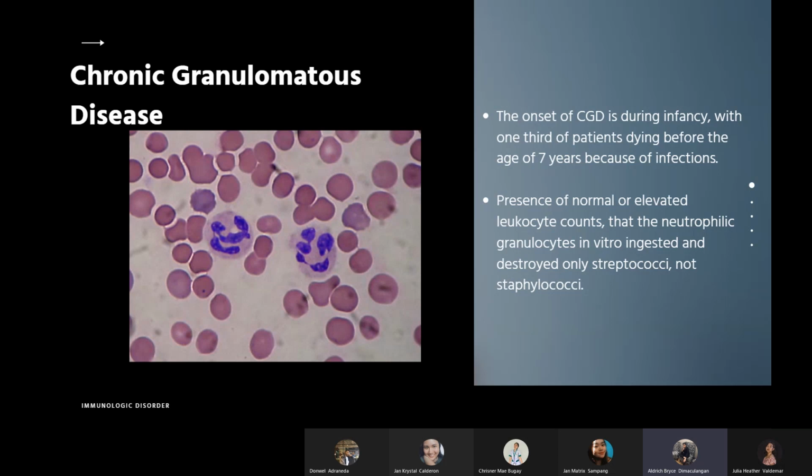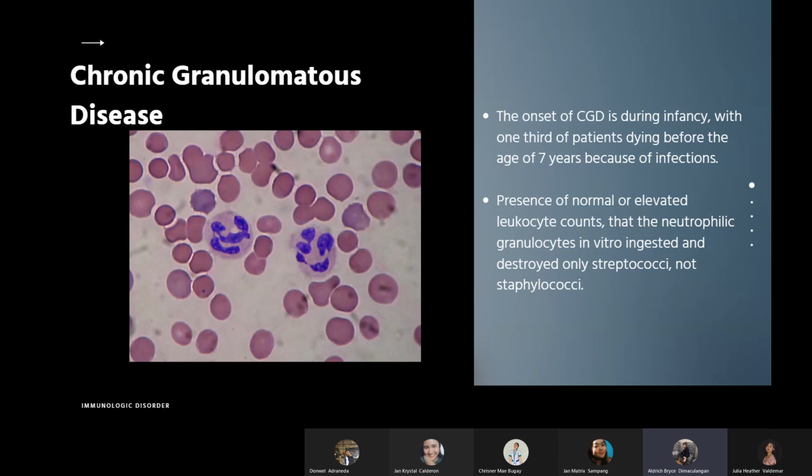Pagdating naman doon sa staphylococci, hindi siya kagad na-eliminate. Yung staphylococci kasi natin, siya yung tinatawag natin na pus formation. Yung pus natin, siya yung thick fluid na dead tissue na napoproduce pag nagfa-fight off ang ating infection sa katawan, especially pag cause ng bacteria. So, kunwari, si neutrophil, nag-react siya dun sa bacteria, nakakapag-produce siya ng staphylococci. And yung na-produce na staphylococci, hindi kagad yun na-eliminate, which is nag-i-inhibit sa ating katawan.